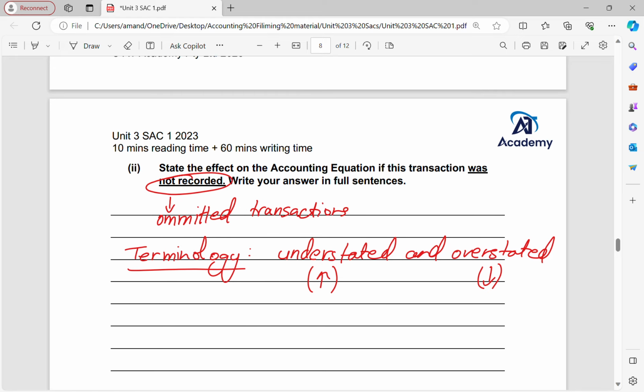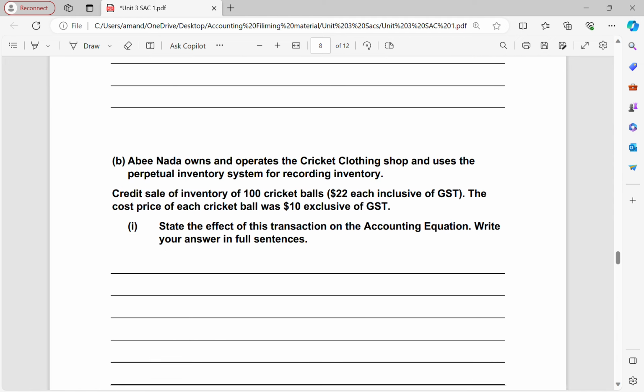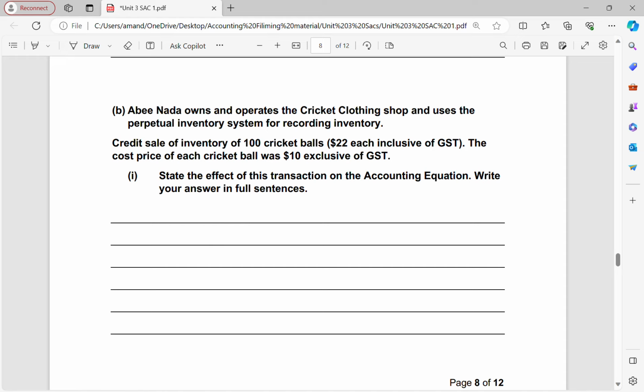So whenever you put an increase arrow, you can put understated in the wording, and overstated for a decrease. Everything else is pretty much the same. You just sub these words in instead of increase and decrease. That gets you there. That's it with this question.